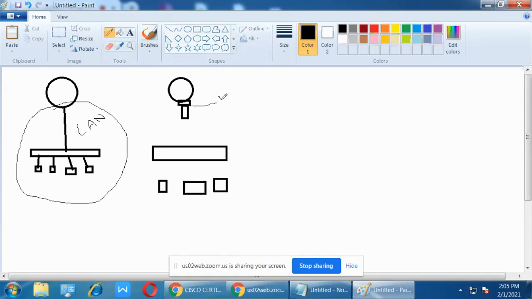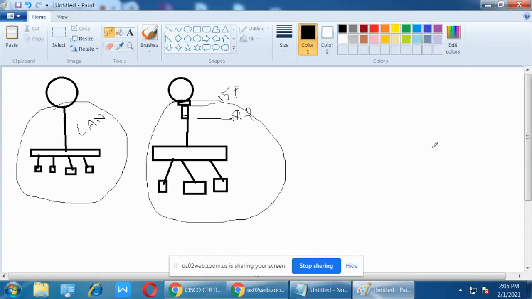This side is 15 pin and this side is 8 pin. So here to connect. So this also is a LAN network. Clear?